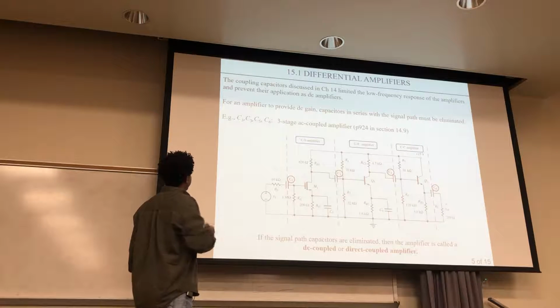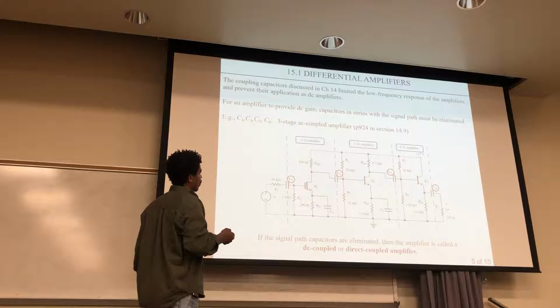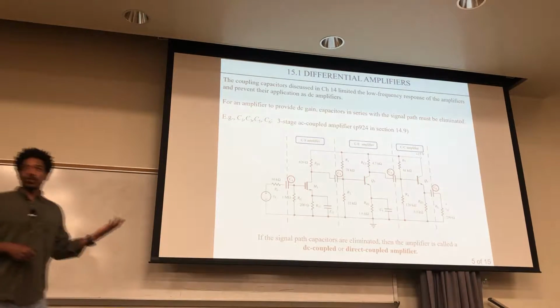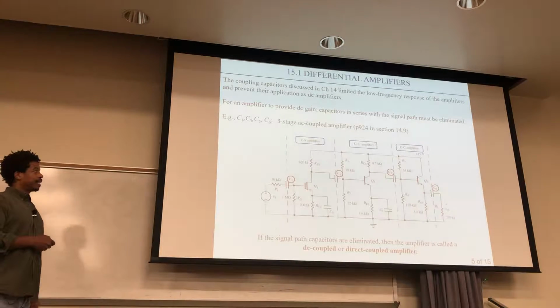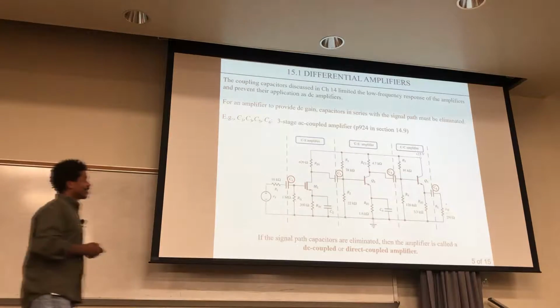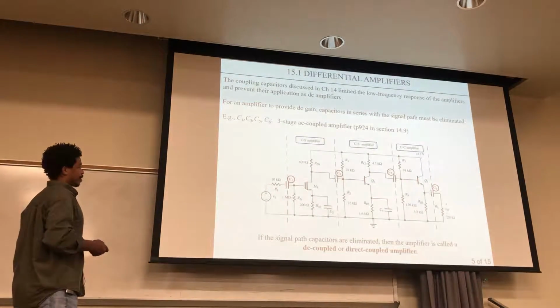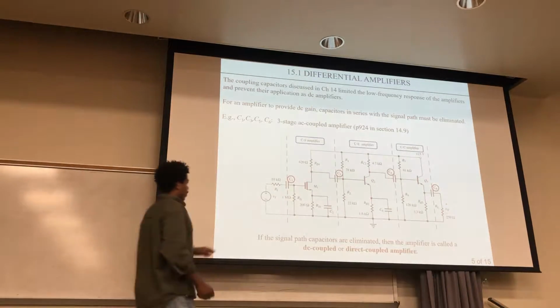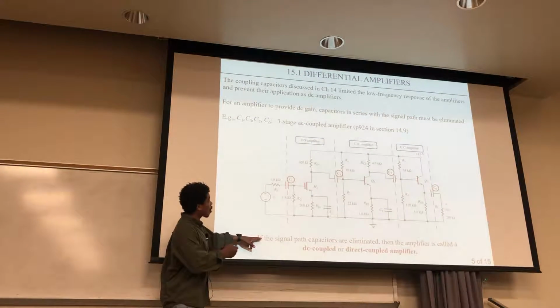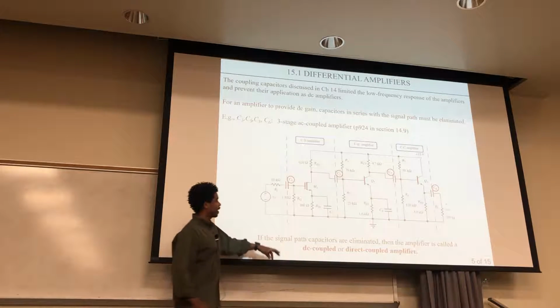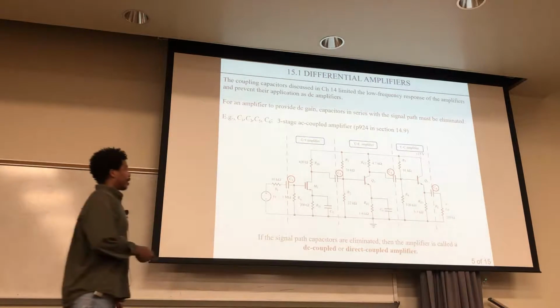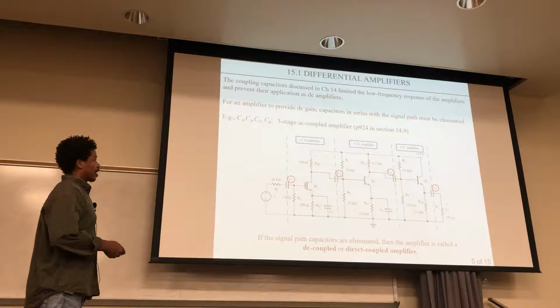The capacitors C1, C3, C5, and C6 are the ones that need to be eliminated. That makes sense because, as we talked about last time, these are DC current blockers, so you want to eliminate those in these situations. And if these are eliminated, what that is called is a DC coupled or direct coupled amplifier.